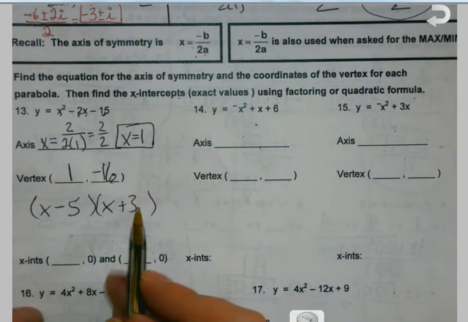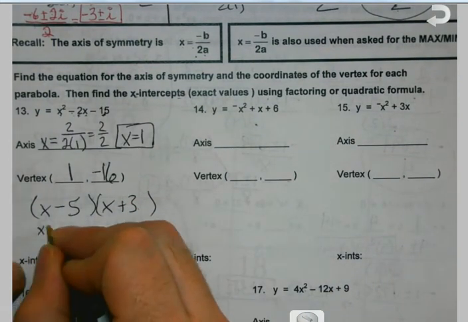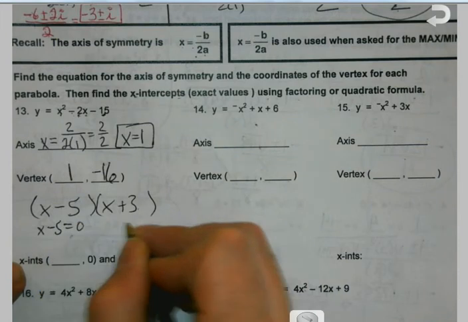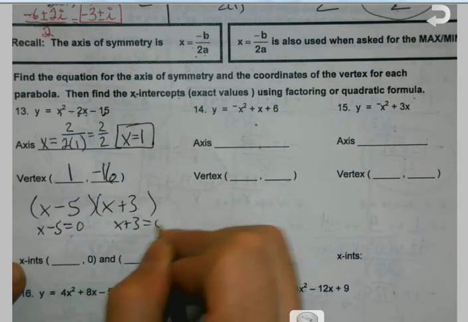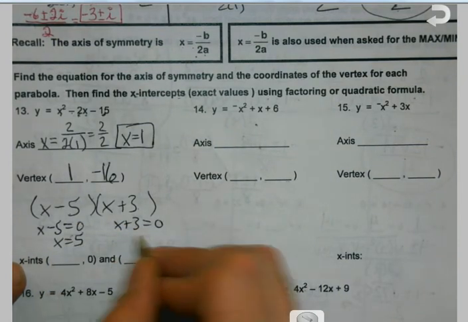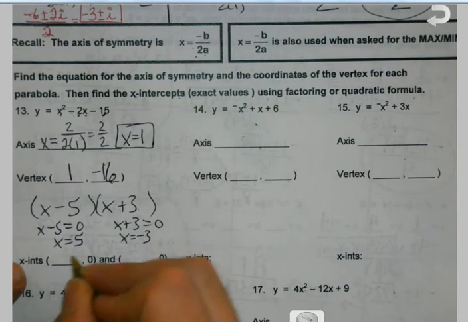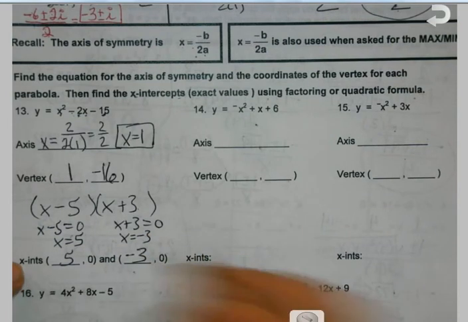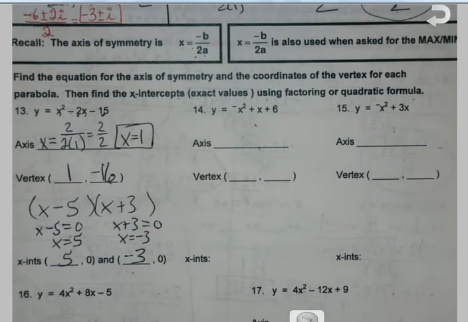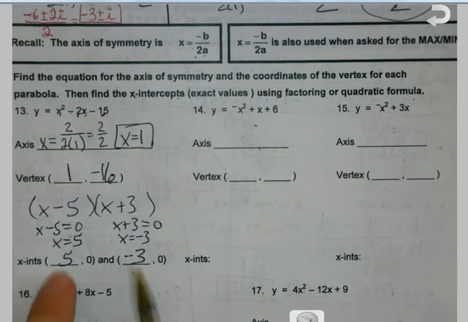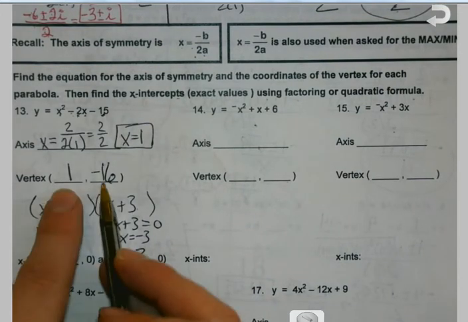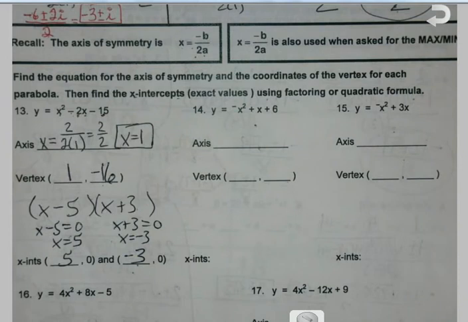It's not these values, because remember, you're setting them equal to 0. So basically, it's just going to be opposites. And that will get me my 2 x-intercepts, and I'm set. So if I were graphing, this would be great, because I have 2 points here. I have a third point with my vertex, and that's all I need to be able to make my parabola.